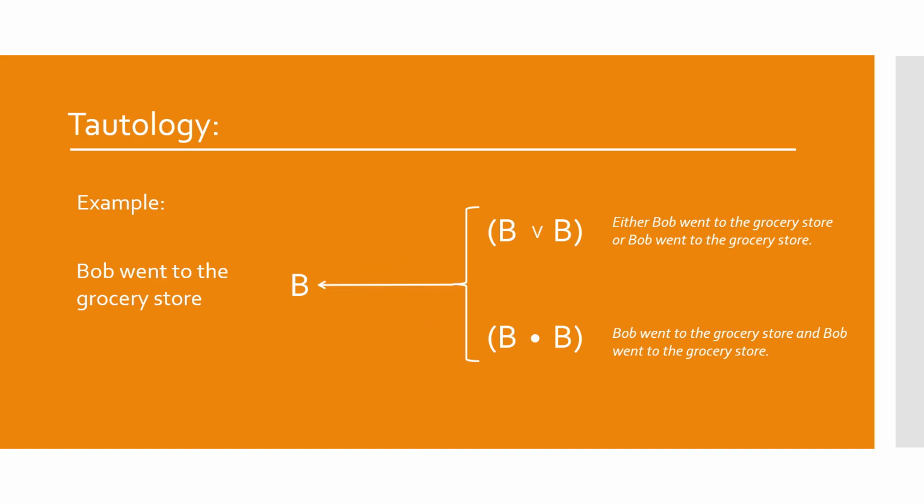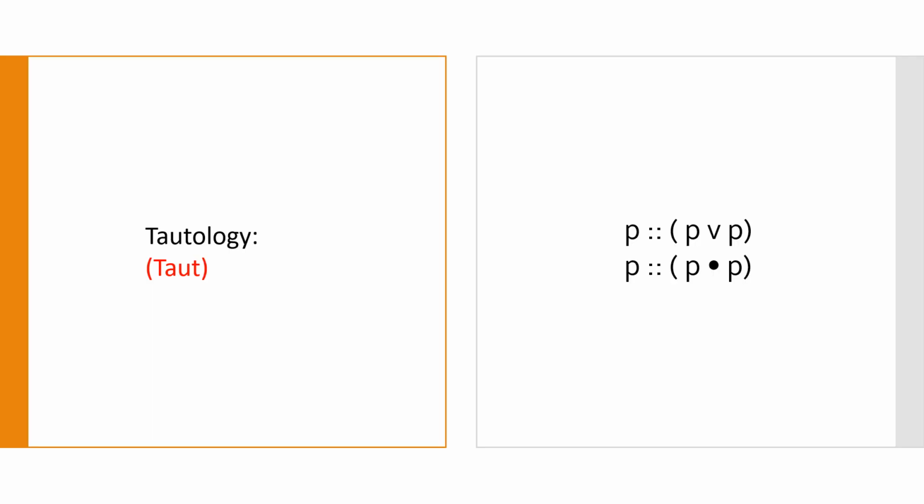And of course, the vice versa thing here is essentially eliminating the redundancy. If I have the claim either Bob went to the grocery store or Bob went to the grocery store, I can just drop the disjunct altogether and just say Bob went to the grocery store. And the same thing is fundamentally true with our conjunction when it repeats itself like this as a tautology. So the core rule of a tautology is very simple.